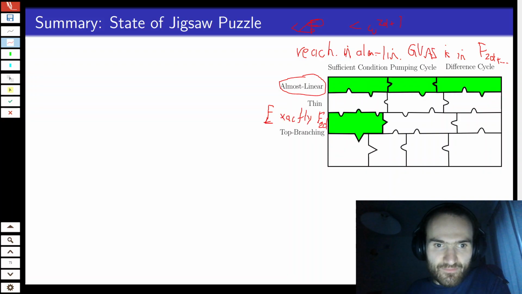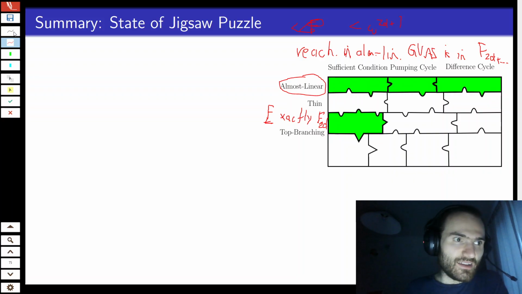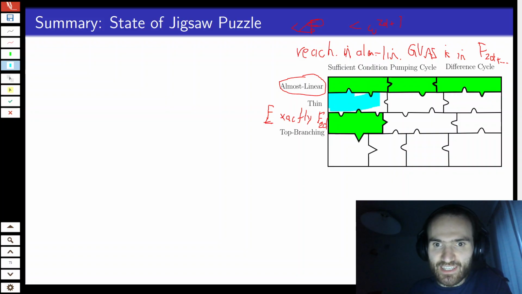Okay. Good. With this, we have done almost linear. So now I should tell you what we're going to do next time. Next time we are going to look at how to extend almost linear to deal with thin. So we're going to extend this to the class of all thin GVAS.